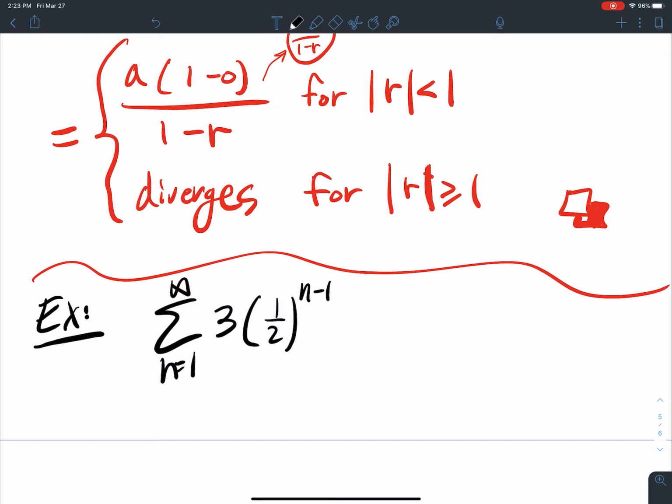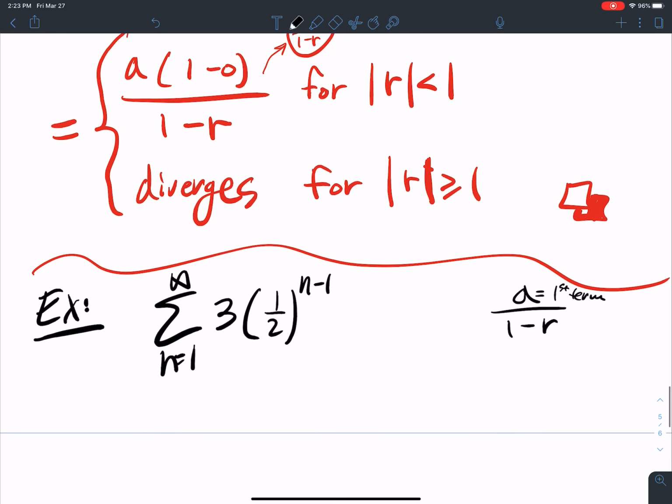My formula says, okay, geometric series starting at n equals 1, exponent n minus 1, then it sums to a over 1 minus r, where a is equal to the first term.